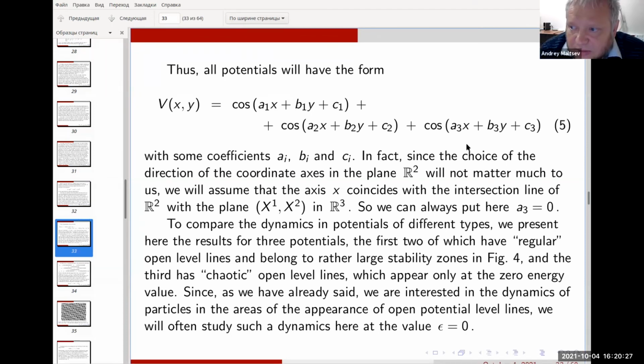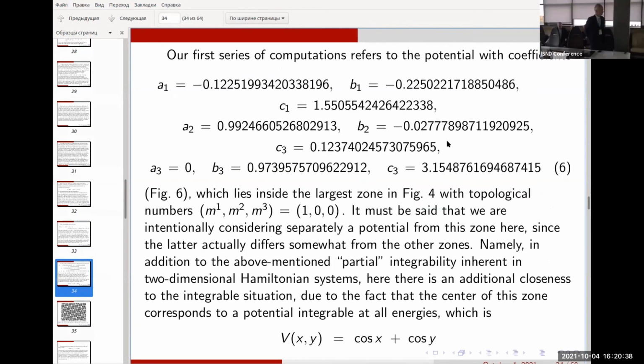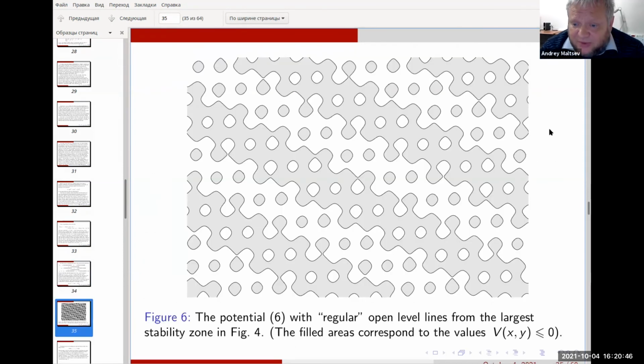We are going to consider the dynamics of particles in such potentials for intermediate values. So first, let me show the first example.